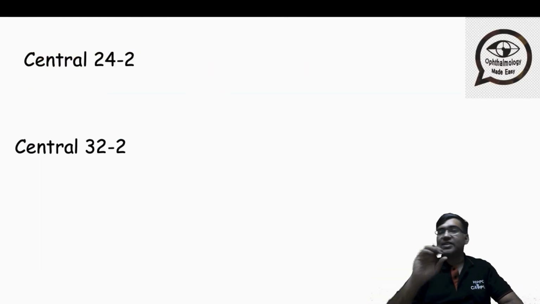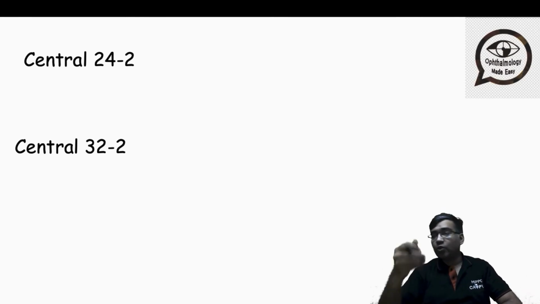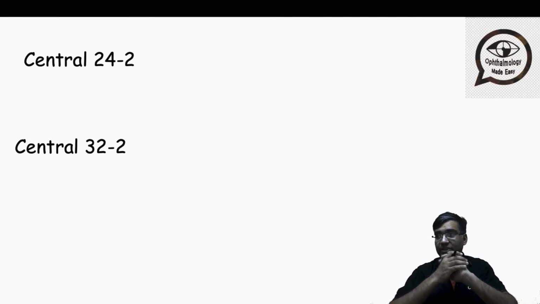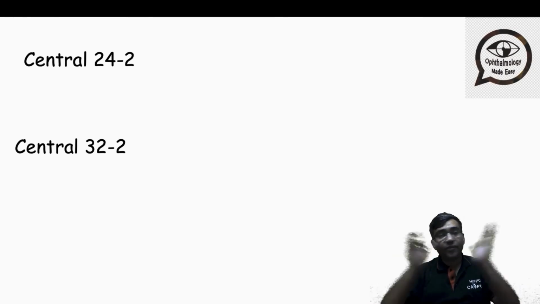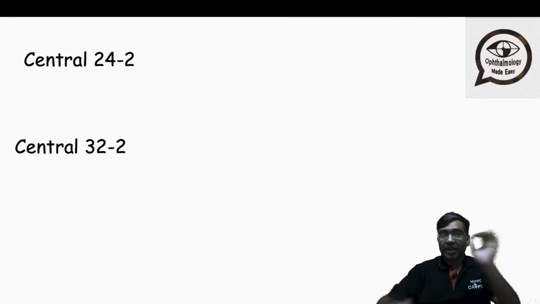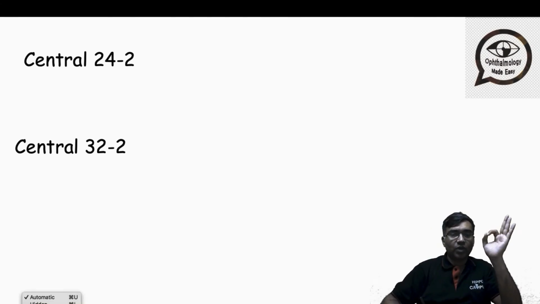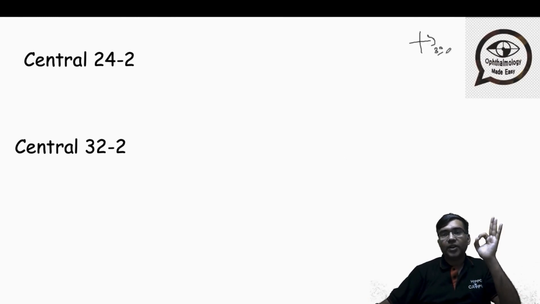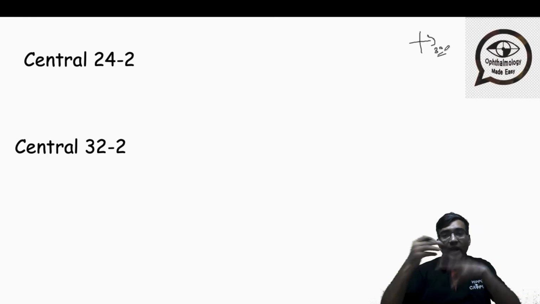Now we have central 24-2 and 30-2. As I told you, 24-2 is the pattern we commonly use in glaucoma examination, where we test 54 points which are 6 degrees apart. But one point you have to remember is that whenever we do a 24-2, in the nasal quadrant we basically test up to 30 degrees. Why do we do it?